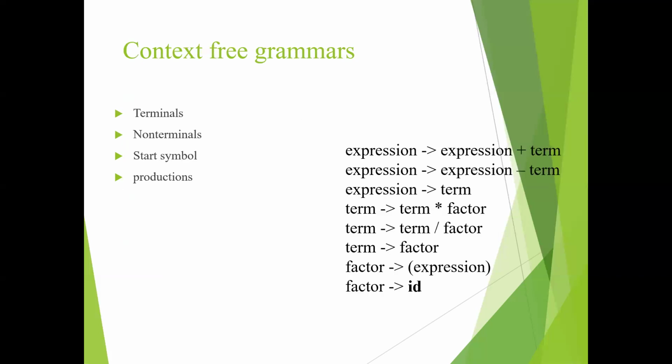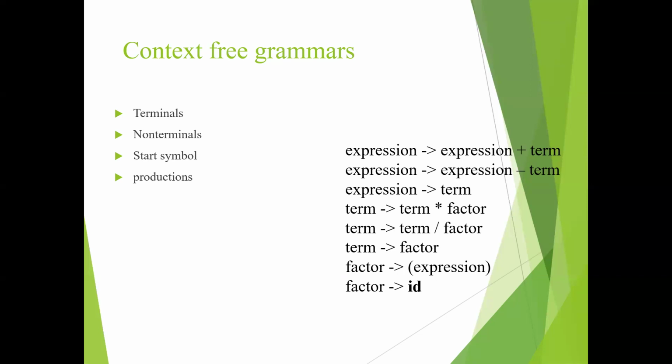Then the next topic is the context-free grammar. A context-free grammar contains terminals, non-terminals, a start symbol and productions. Terminals are the basic symbols from which strings are formed. The term token name is used as a synonym for terminal.